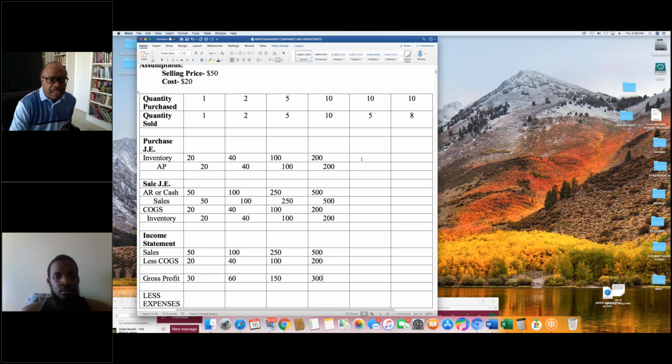So when we buy the 10 pairs of shoes, we're going to debit inventory for 200, and we're going to credit accounts payable for 200. But we're only selling 5 pairs of shoes. So we're only going to be getting 5 times 50, or 250, in revenue.